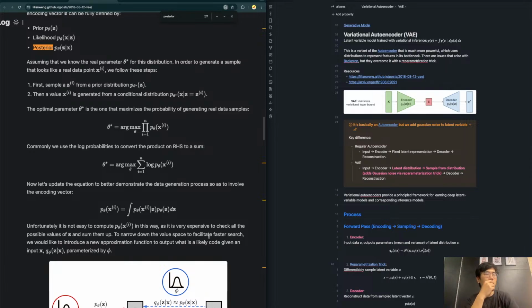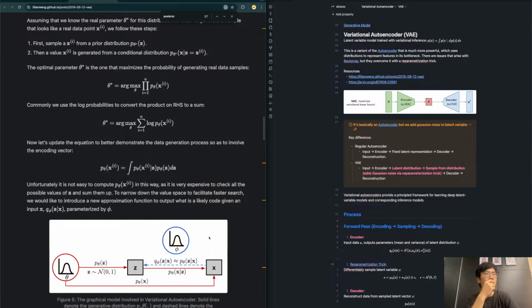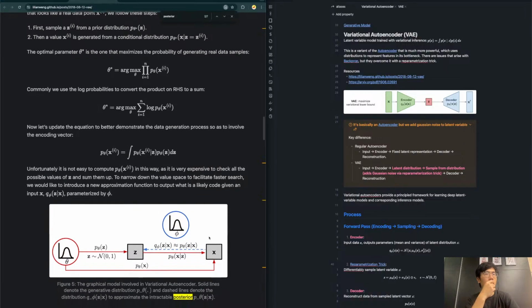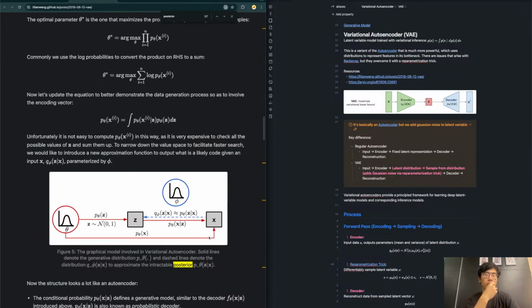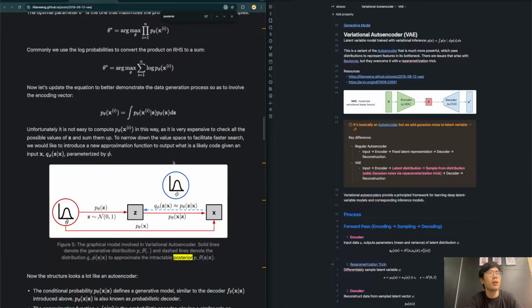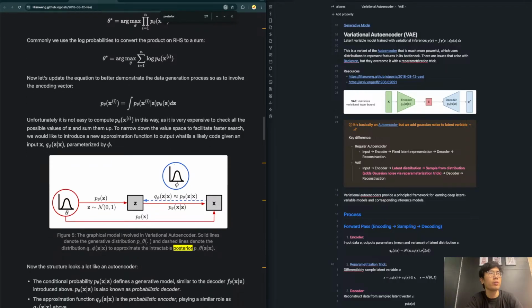And so it's very expensive to search over z, so we say, okay, what we want is to find a generator that can generate this latent space given x. What is a likely code given input x?